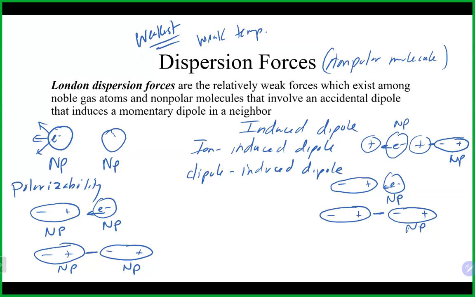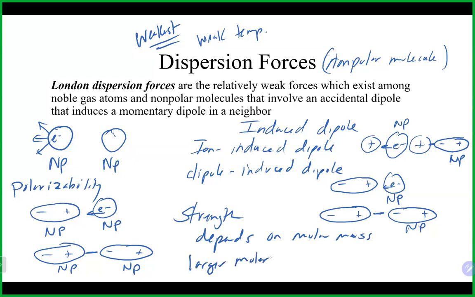Now, even though dispersion forces are weak, there are different strengths in terms of dispersion forces. And the strength of a dispersion force depends on the molar mass. So if you had larger molar mass, you usually will have a stronger dispersion force.